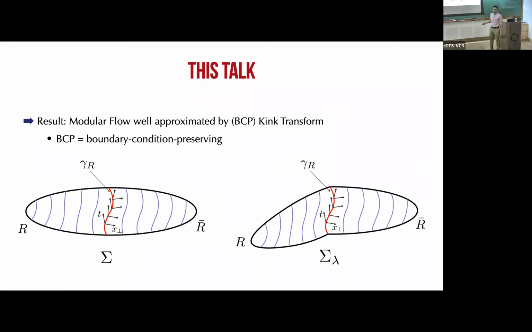It's not precisely a boost because there are not necessarily isometries in this spacetime, but it's roughly what you'd think of as a boost. So all it's doing is taking this set of data to this set of data, which is a pretty simple transformation. And what I'm going to try to argue is that modular flow, one-sided modular flow, can be well approximated by this transformation.